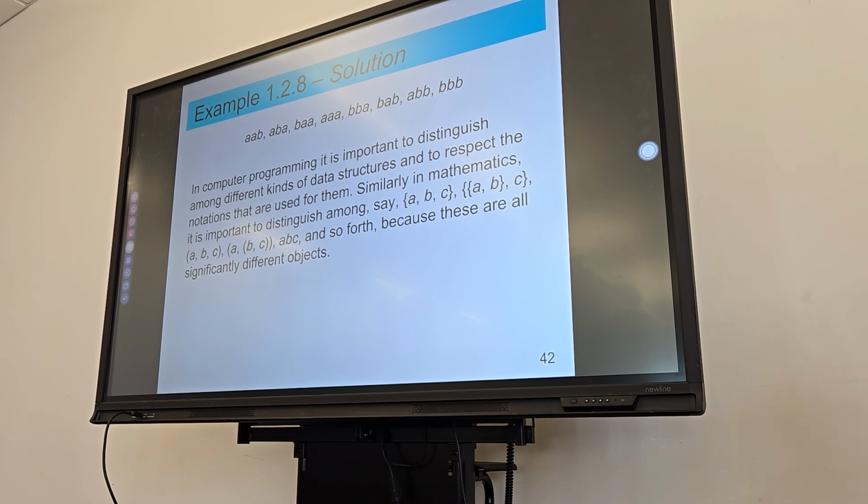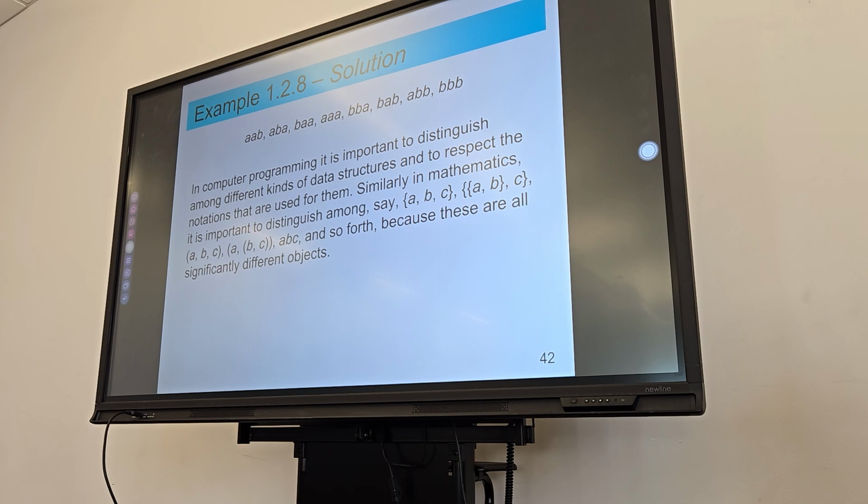Now, it is important to distinguish between different kinds of data structures and to respect the notations that are used for them. Similarly, in mathematics, it is important to distinguish among these different things because all of them are different objects.